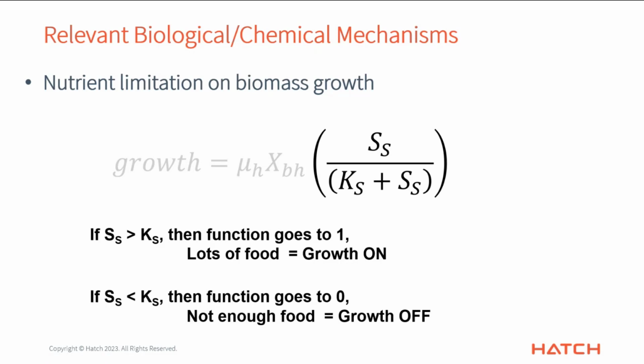If you haven't seen these before, basically SS is the soluble substrate. This is the food. And this is part of a term that will range between 0 and 1, and it's designed to go to 0 when the food runs out. It basically then turns off the growth. So if the soluble substrate is very much larger than Ks, then we'll proceed along as normal.